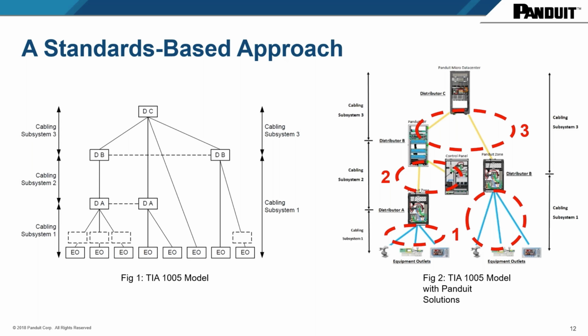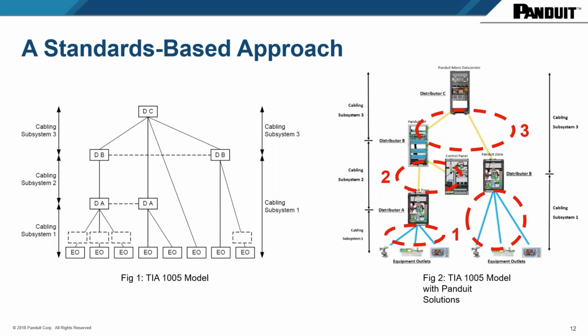The specifications 568 and 1005 state that when you run copper cabling, you shall not exceed a length of 100 meters. Running fiber, you could go at higher distances. So shorter distances are generally copper, and this is an extreme condition.